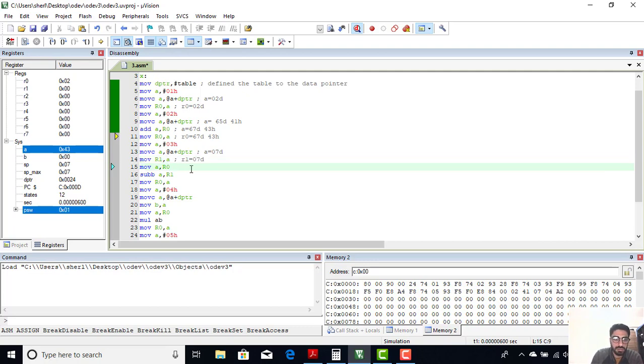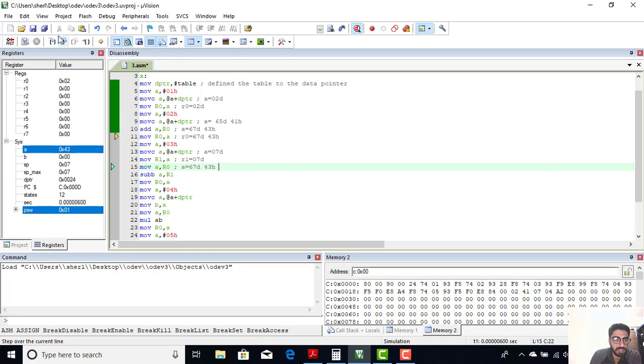And now we are moving R0 to A, because if you need to use subtract, you are forced to use the accumulator with some kind of register, like 0 or 1 or 2 or 7, etc. So we are retaining now the value of R0, taking it to the register, and now giving it to A.